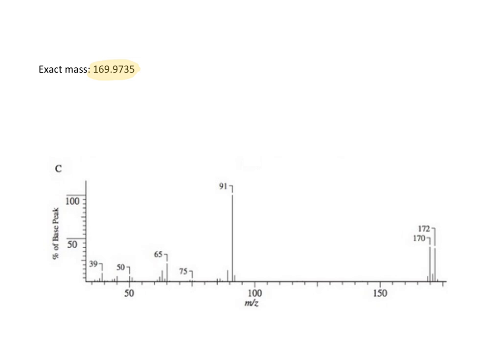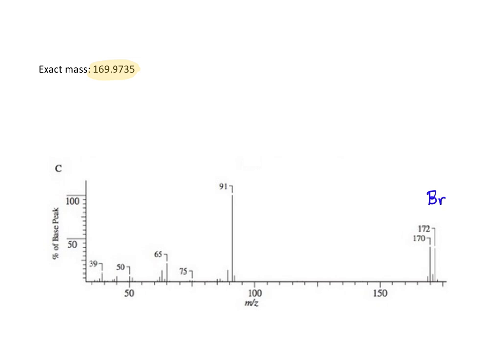What really stands out is that the molecular ion peaks have a 2-mass difference and close to a 1-to-1 ratio, with 170 being very slightly greater than 172. The molecular ion peak reveals that there is a bromine atom in this structure.